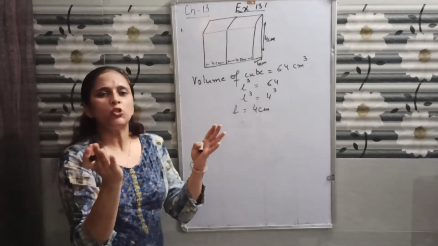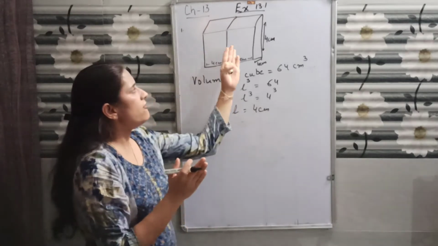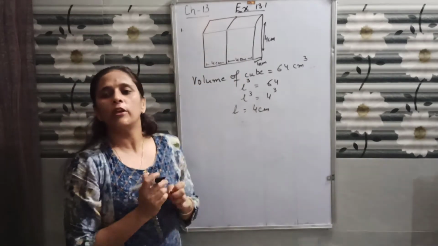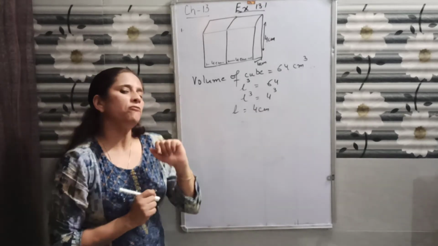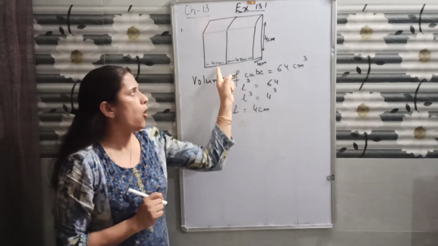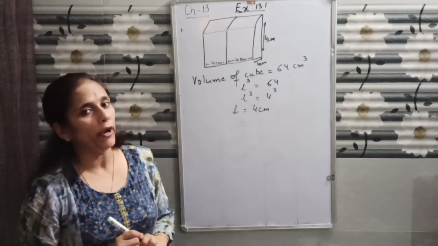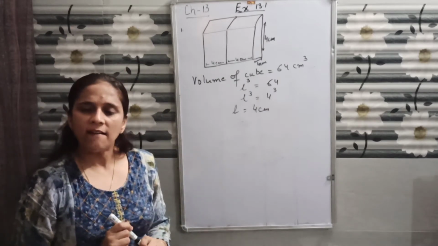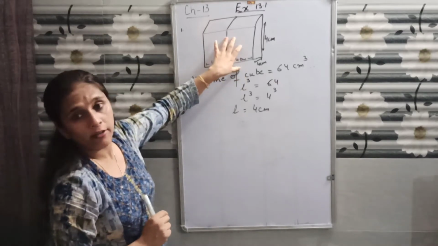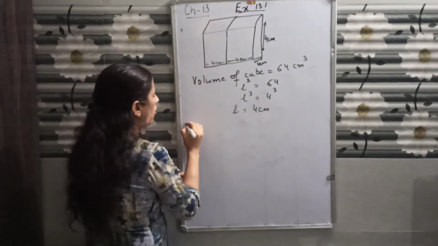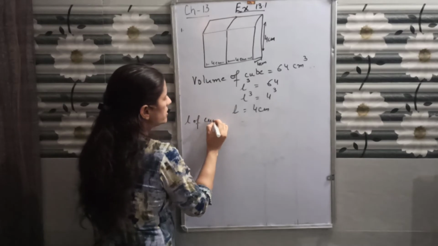Now we have joined 2 cubes together. When we join 2 cubes together, they will form a cuboid, and we have to find the surface area of this resulting cuboid.